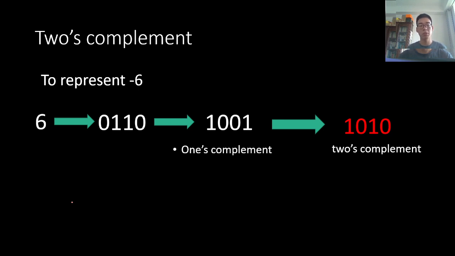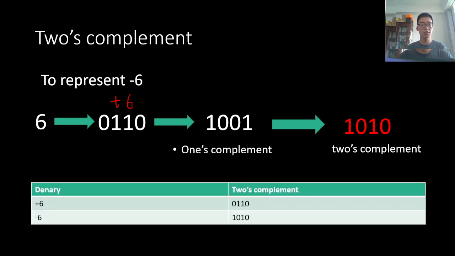So let's summarize the process here. In order to find minus 6, we first convert 6 to its corresponding positive number, 0110, which is plus 6. Then we take the 1's complement by inverting each digit, and we get 1001. Then we add 1 to the 1's complement, so 1001 plus 1 is equal to 1010.